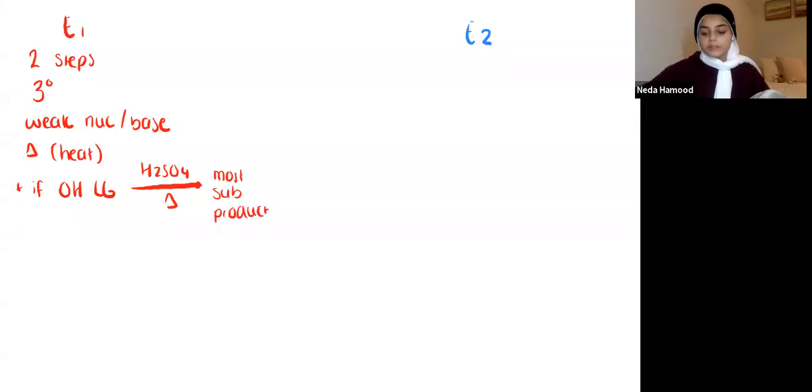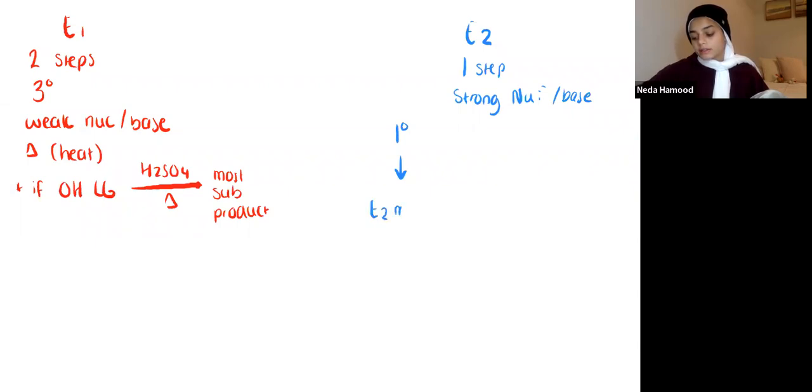And over here for E2 reactions, that's going to happen in 1 step. So you react with strong nucleophiles, strong bases. The 1 degree one will have E2 as the minor product. If you have a 2nd degree one, you'll have E2 as the major product.